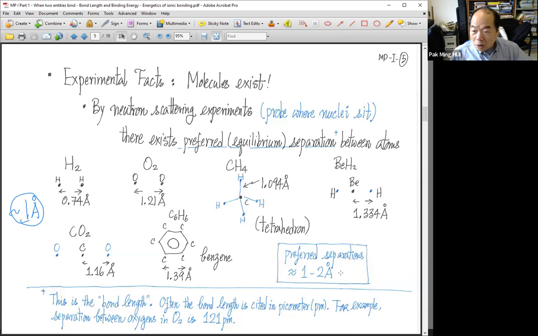Now, if you want to talk to chemists or professionals, or you look up tables because of SI unit stuff, you don't see angstrom in those numbers. You will see something called picometer, 10 to the minus 12 meter. So in this unit, for example, for the oxygen molecule, you will find a number called 121 pm.